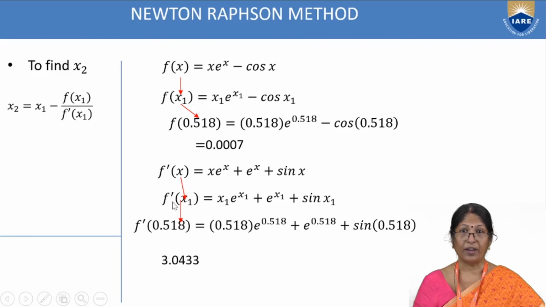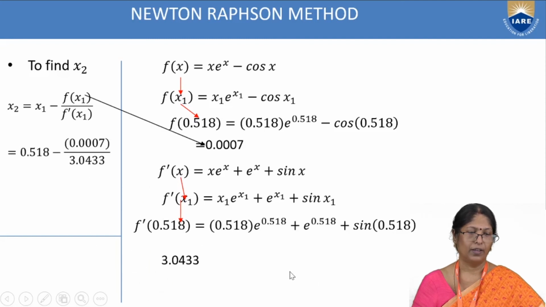Calculated, we got f dash of x1, that is f dash of 0.518, nothing but 3.0433. Now you can see here, this arrow mark, f of x1, this value we are going to substitute, and f dash of x1, this value.